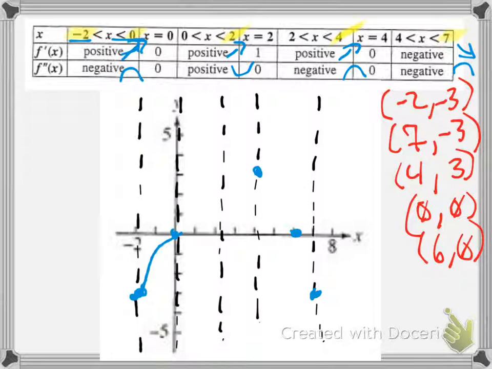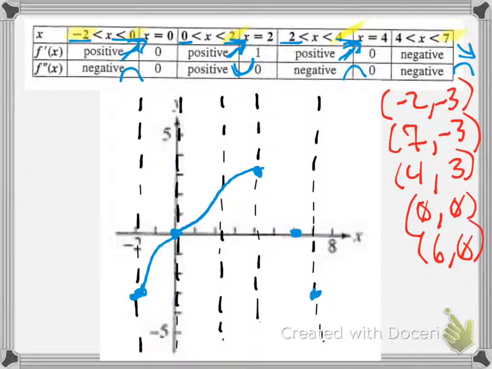Next, between 0 and +2, my graph should be increasing but concave up. So the way that you draw something that's increasing and concave up, kind of like that. Between 2 and 4, my graph should still be increasing, but it should be concave down. It's still going up, but it's kind of curved, like that.